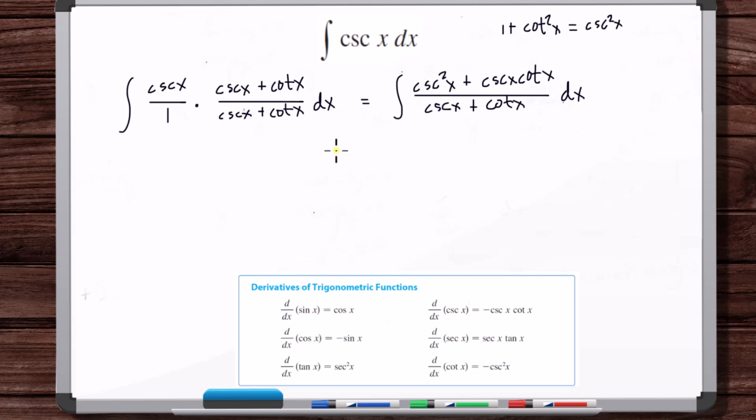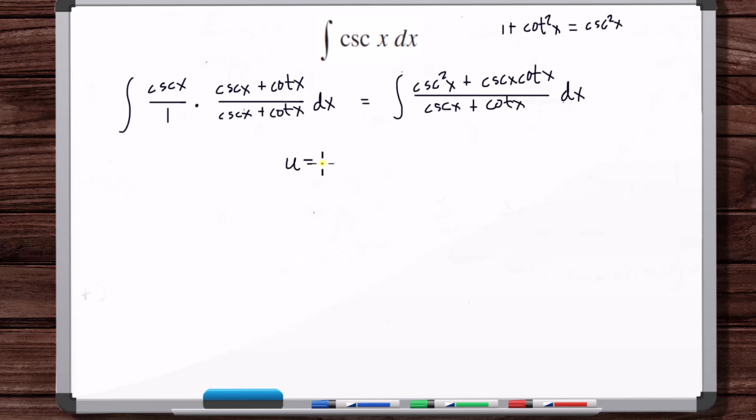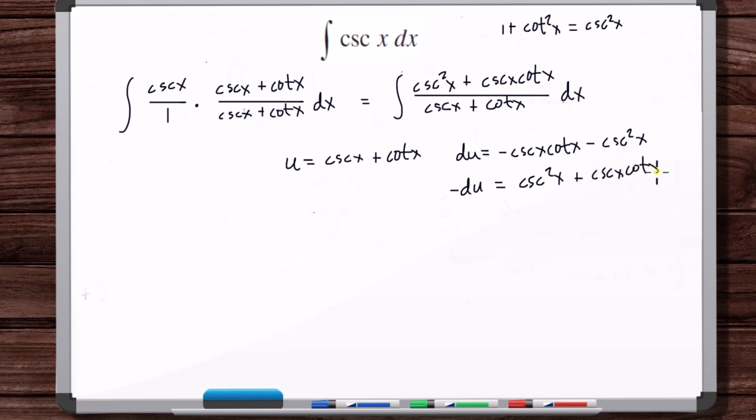Now if we say that u is equal to cosecant x plus cotangent x, then du is equal to minus cosecant x cotangent x minus cosecant squared of x. And therefore minus du is equal to cosecant squared of x plus cosecant x cotangent x, right? So the substitution is going to work perfectly.